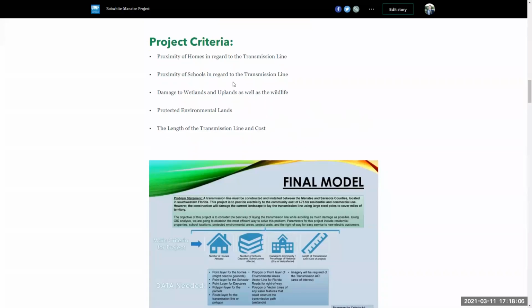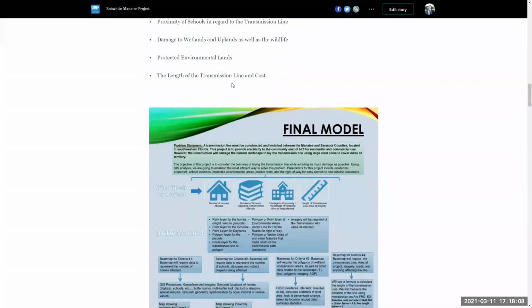And we want to know the length of the transmission line with a few extra parameters, again, such as the voltage I just said earlier, the 230 kilovolts. That's going to help us determine the cost of this project. So policymakers can understand it's not just all these risk factors to the community, but also how much money is going into this to make it feasible.